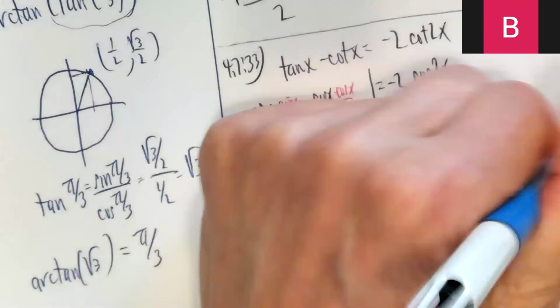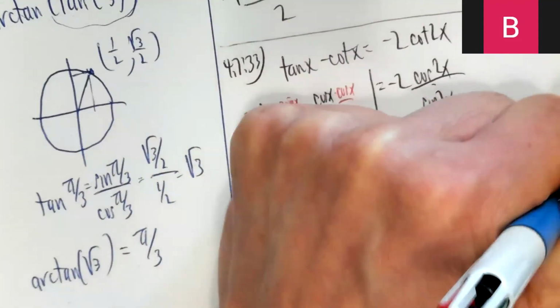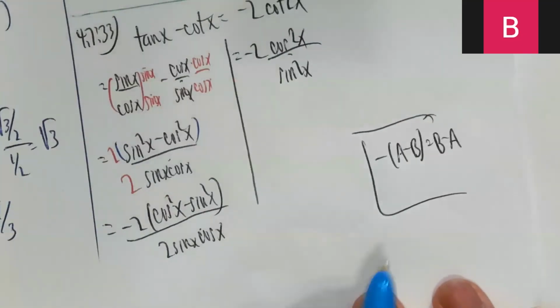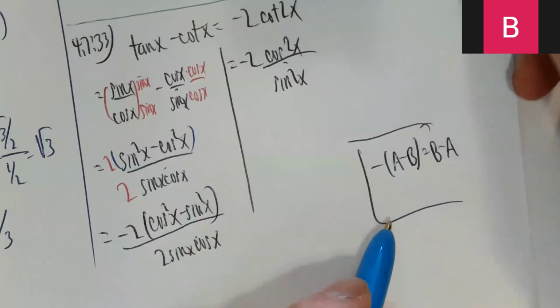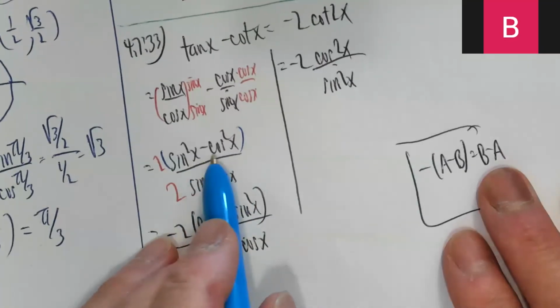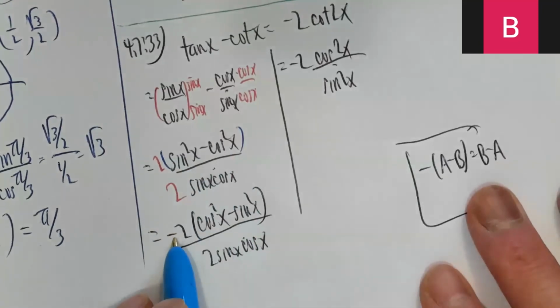Okay, so a little timeout. From algebra, remember the opposite of A minus B is B minus A. I'm using that over here. I'll turn these two around, cosine squared x minus sine squared x, and put a negative in front of here.